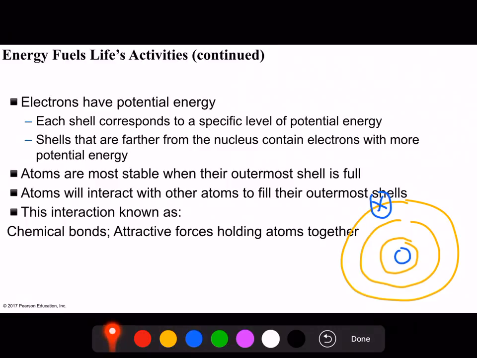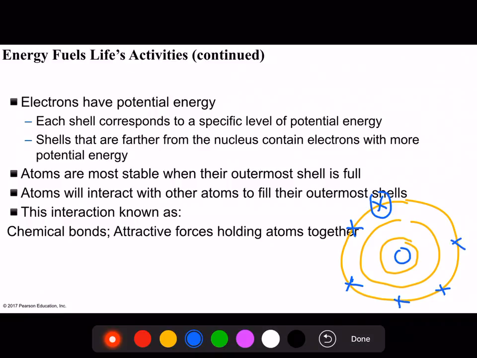Now, atoms are most stable when their outermost shell is full. What do we mean by full? For our course, we will say that full means that they have in their outermost shell 8 electrons.